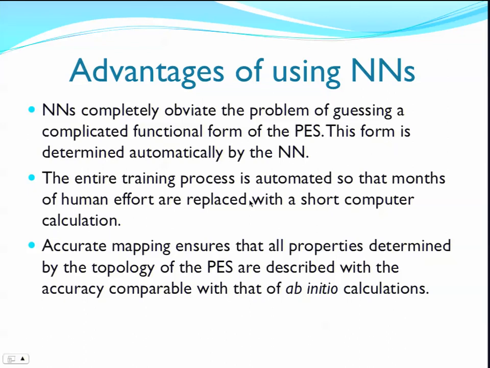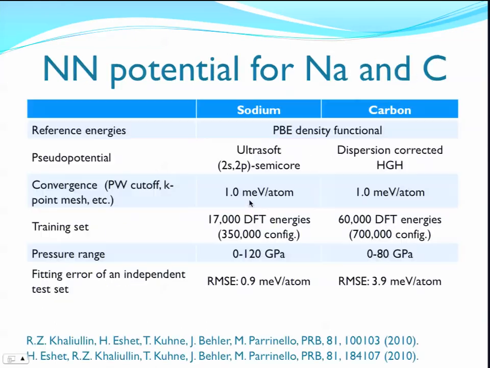The entire training process of the neural network is automated, so months of human effort can be replaced by a short computer simulation. And one of the most important points I'd like to make is that accurate mapping ensures that all properties determined by the potential energy surface are described with accuracy compatible with that of ab initio calculations.